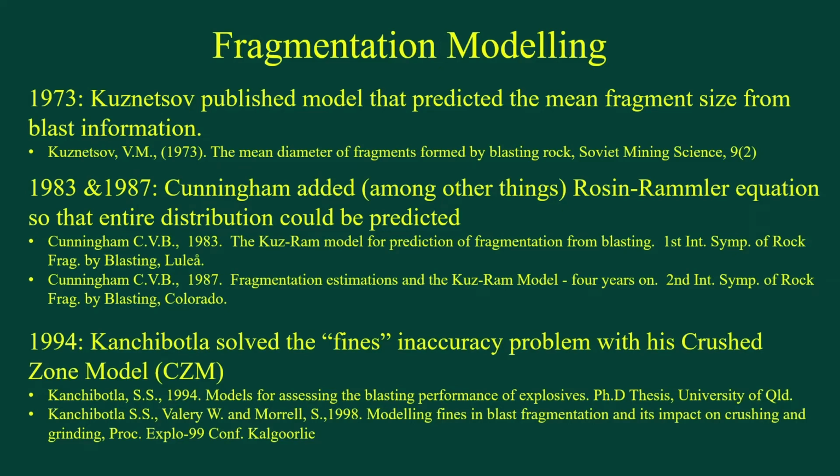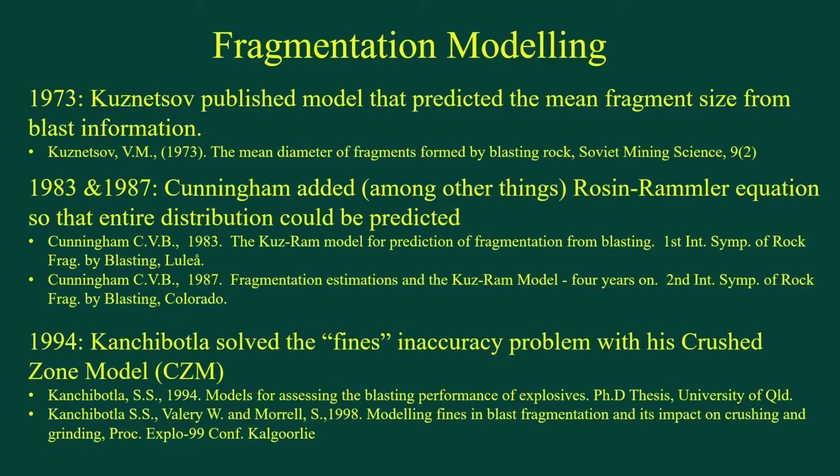Ten years later, Claude Cunningham, so in 1983, published this paper, and this was the first time we saw the name Kuz-Ram, and you'll hear that term Kuz-Ram quite a lot. The literature is full of descriptions of the Kuz-Ram model, and Claude Cunningham took Kuznetsov's equation and grafted on the Rosin-Rammler equation so that the entire distribution could be predicted.